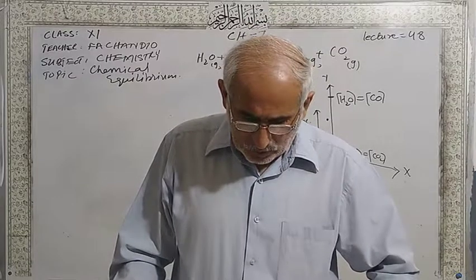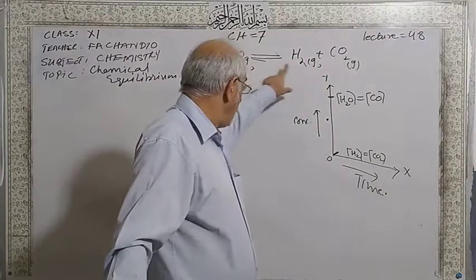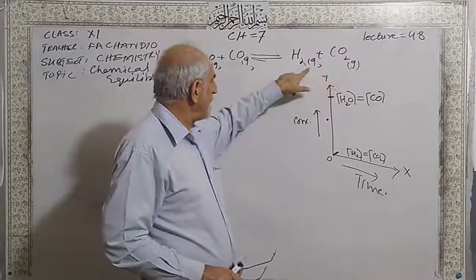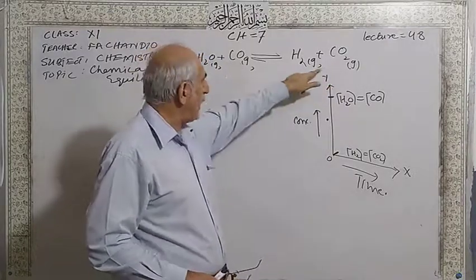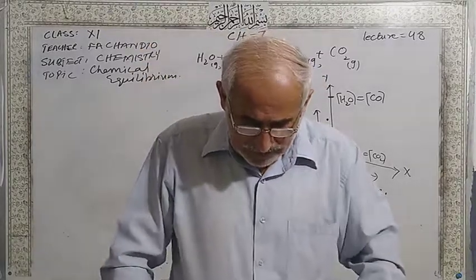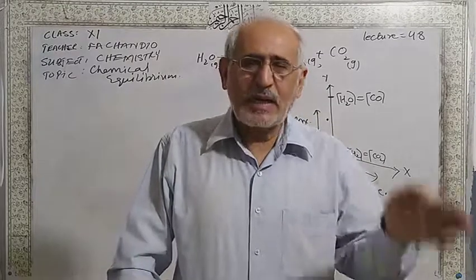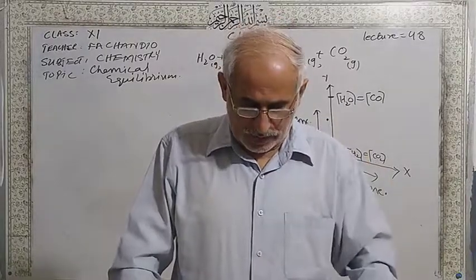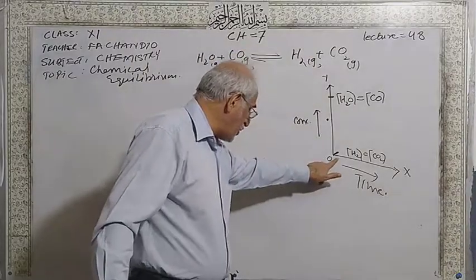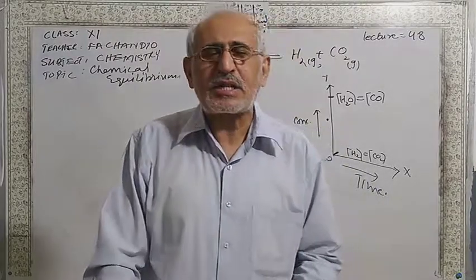This means that the forward reaction starts with maximum speed, and when the products accumulate, the reaction starts to go backward and the speed of the reverse reaction increases. The forward reaction starts with maximum speed and gradually slows down, whereas the reverse reaction starts from zero and gradually increases its speed.